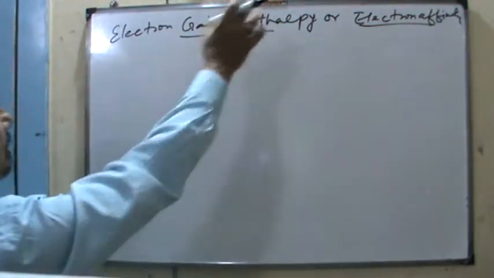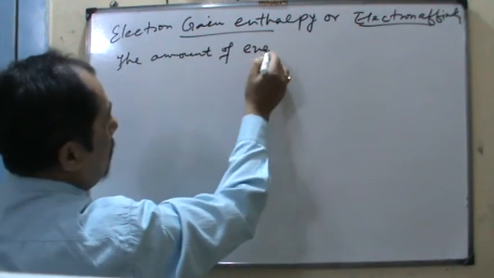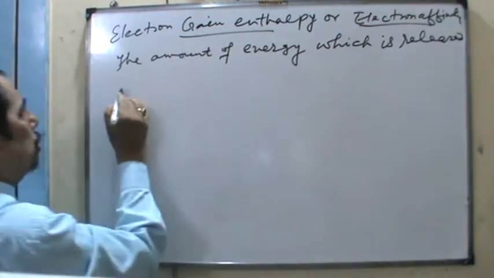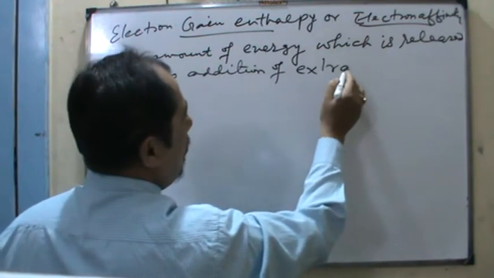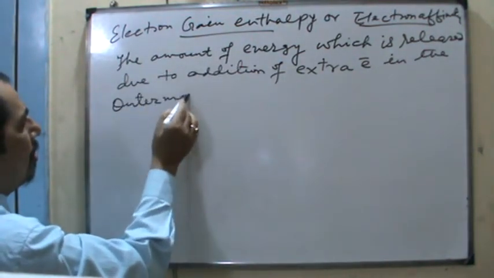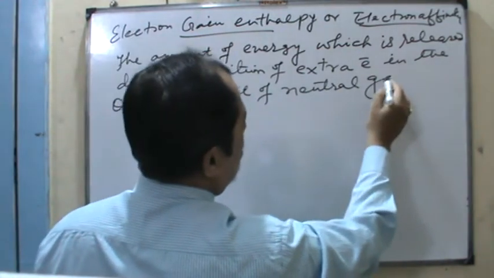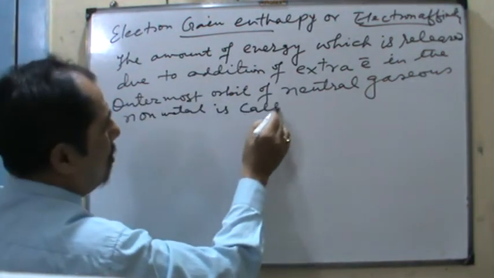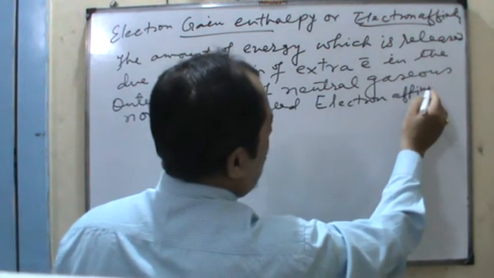So how can you define the electron gain enthalpy or electron affinity? The amount of energy which is released due to addition of extra electrons in the outermost orbit of a neutral gaseous non-metal is called electron gain enthalpy, or in short, you can write electron affinity.